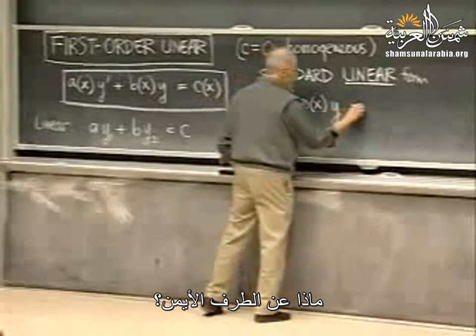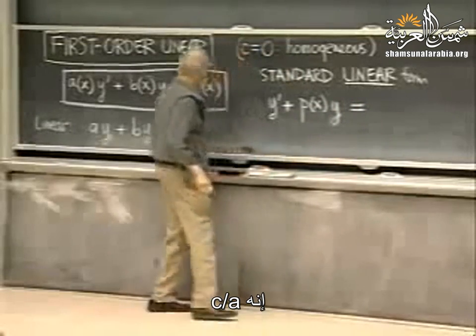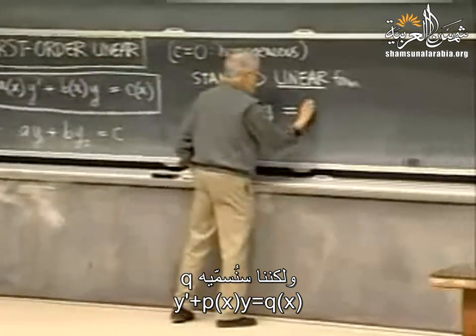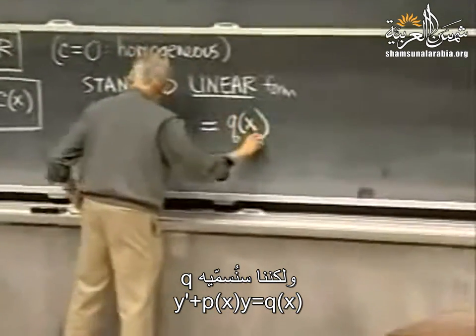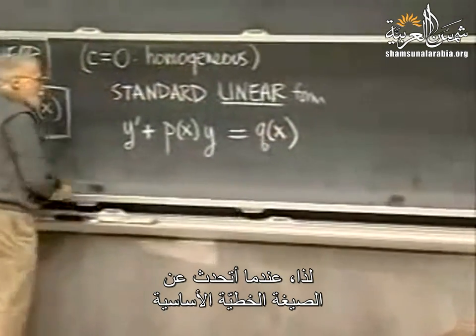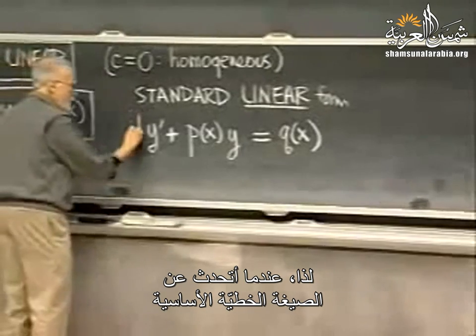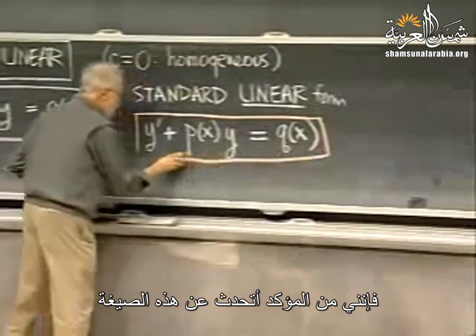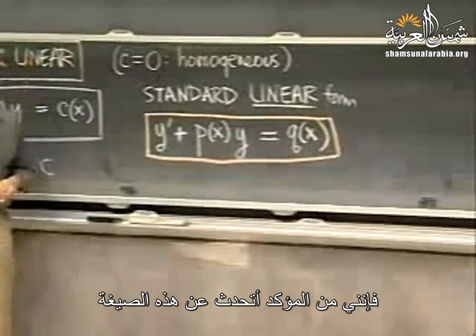How about the right-hand side? We need a new letter for that, too. It's c over a, but we'll call it q. So when I talk about the standard linear form for a first-order linear equation, it's absolutely that I'm talking about.